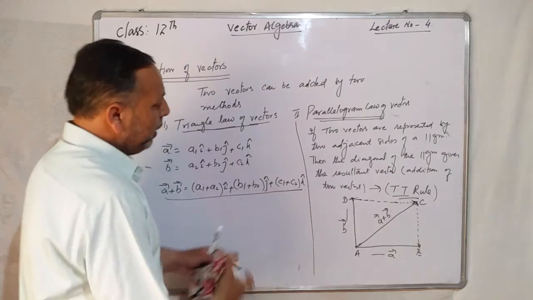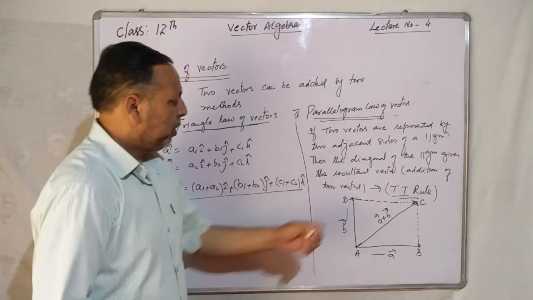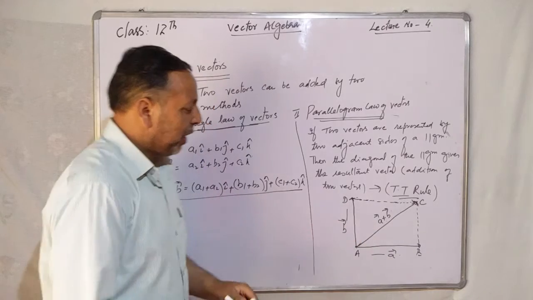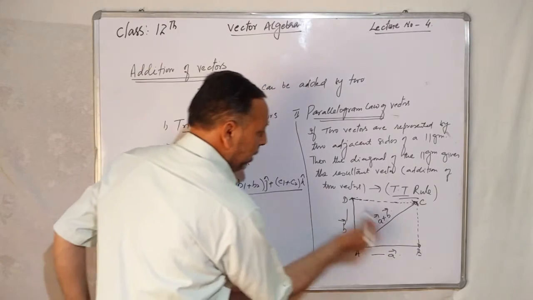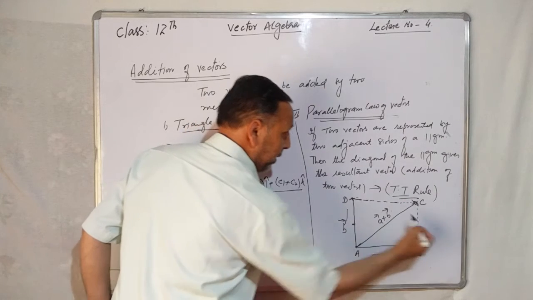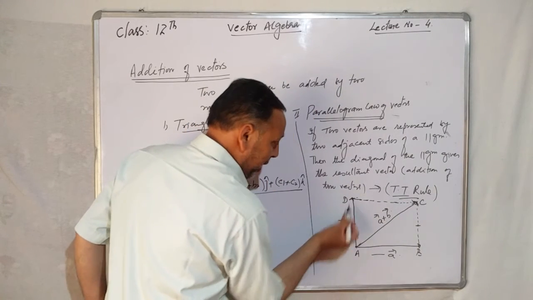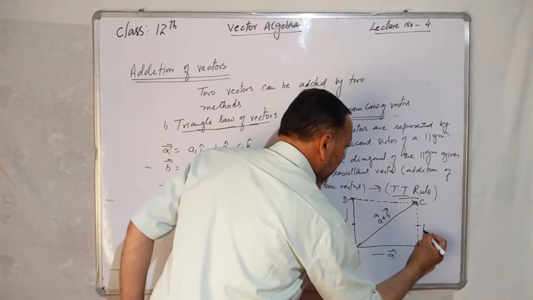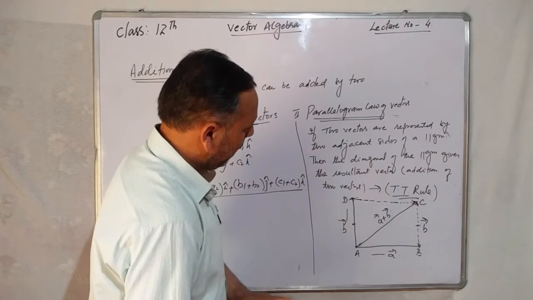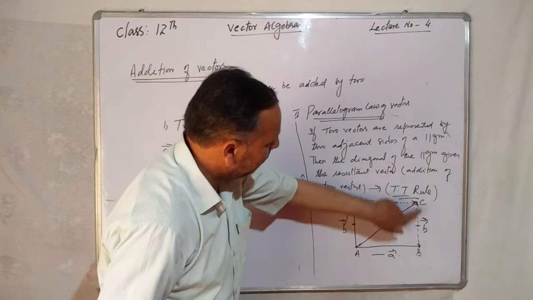Actually, this parallelogram law of vectors, ये एक्चुअली ट्राइंगल लॉ ऑफ वेक्टर्स ही है। क्योंकि ABCD एक पैरेललोग्राम है, that means AD is equal to BC. अगर AD वेक्टर B है, तो BC भी वेक्टर B होगा। अब इस पार्ट को छोड़िए, you take triangle ABC.